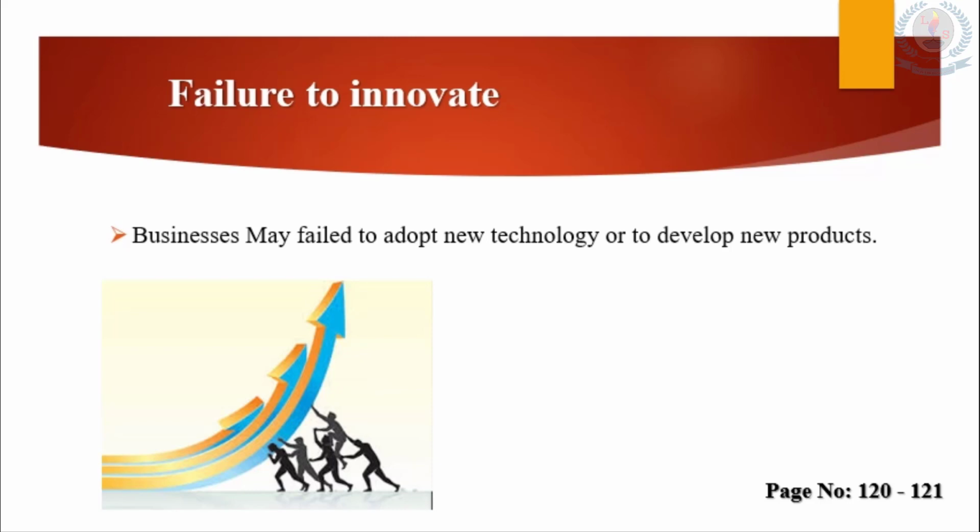Okay, let's move to the last, the fourth reason for business failure. Failure to innovate. Businesses may fail to attempt new technology or develop new products. Some businesses collapse because they fail to innovate.